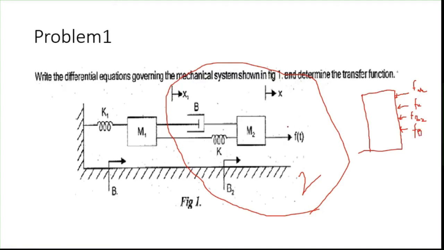What is F of t here? It is the applied force. Okay, somebody is pulling mass M2. That is an external applied force. One convention you should understand is that every applied force should be opposite to the internal force. You can take any force convention, but this thing you must remember.